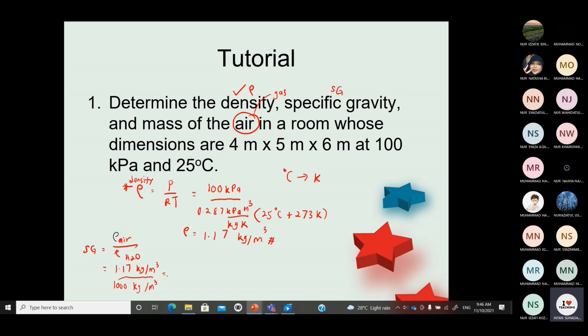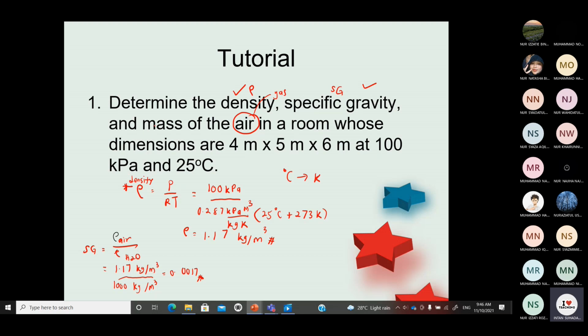Then if you calculate, you will get the answer 0.0017. Simple, right? So we settle the specific gravity.